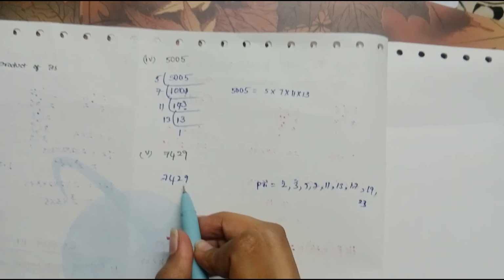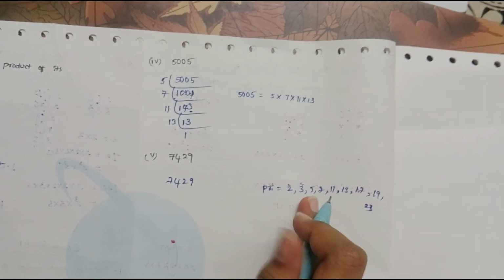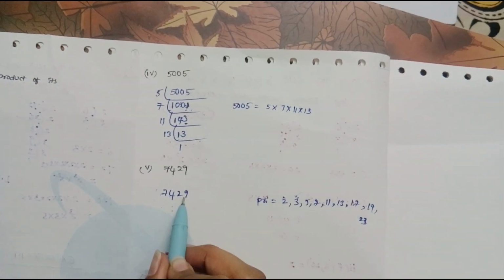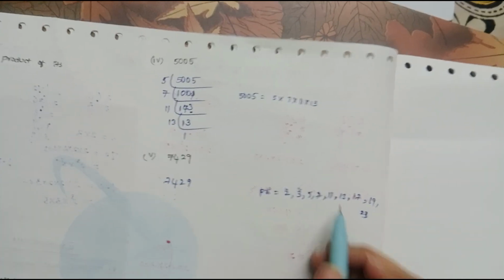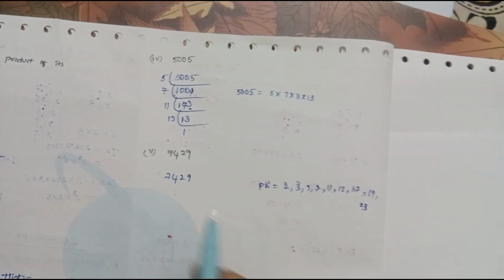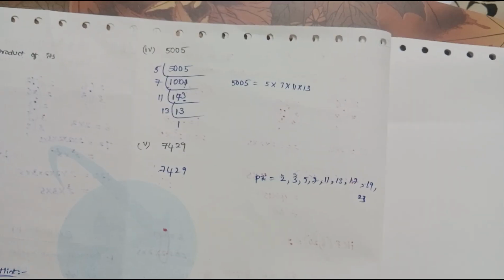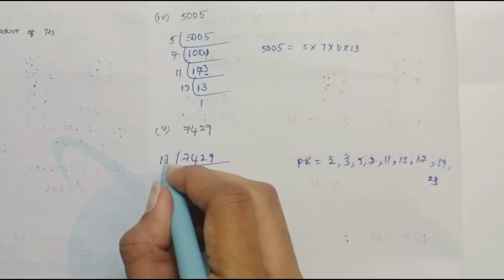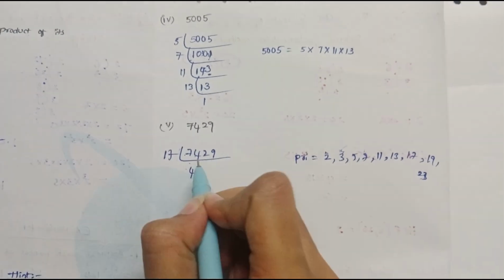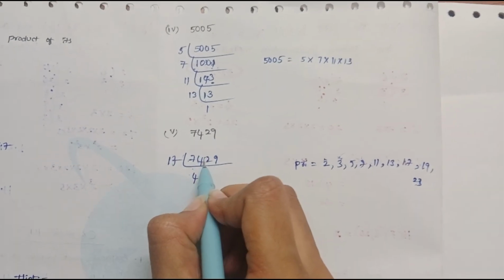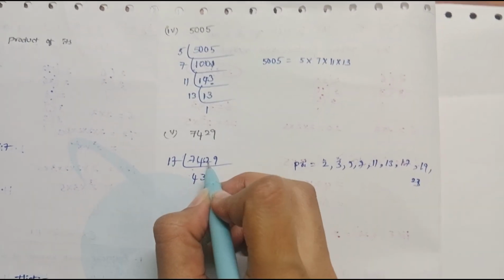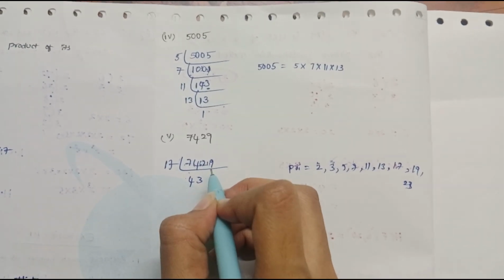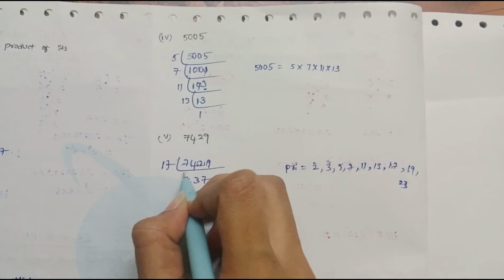Next, 5. In units place there is no 0 and 5, so it is not possible. 7. 7 ones, 7 6 9, it is not possible, so move to another one. 11 and 13 are also not possible. We will check 17. 17 sevens 119.